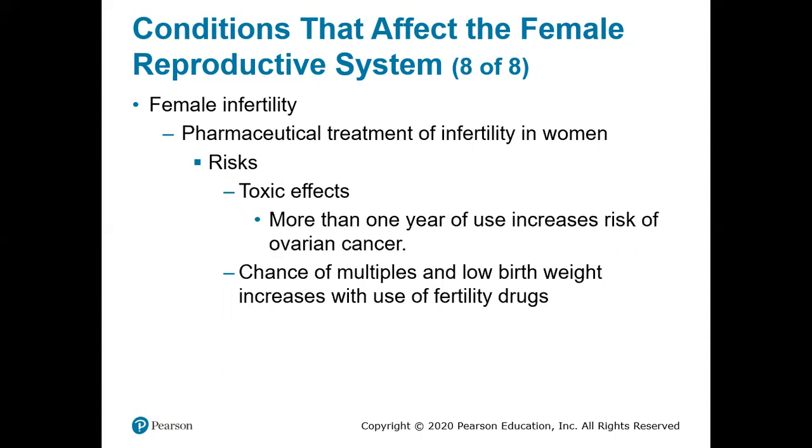Risks for infertility treatments would include toxic effects. More than 1 year of use increases the risk of ovarian cancer. Chance of multiples and low birth weight increases with the use of fertility drugs as well.